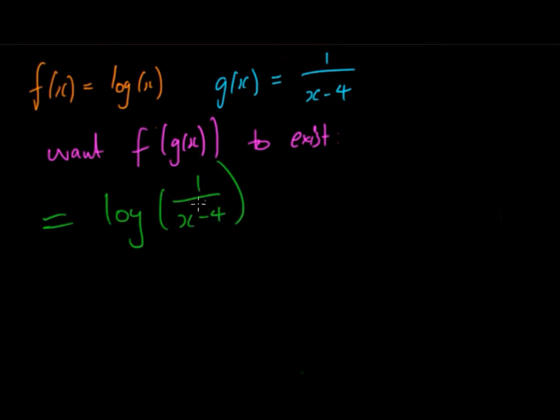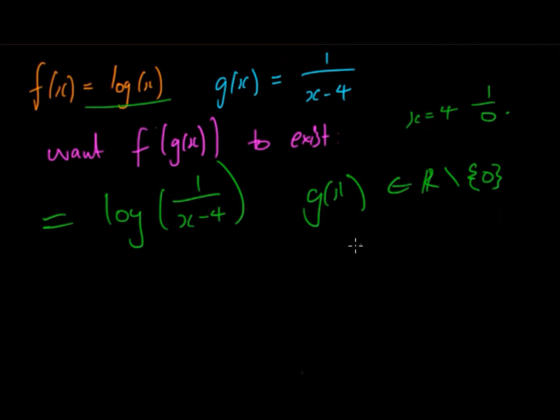For this, we know that the range of g(x) can be any real number apart from 0. The reason it can't equal 0 is because when x is equal to 4, we have 1 over 0, which is undefined. So this is the range. But the domain of log x is x greater than 0.